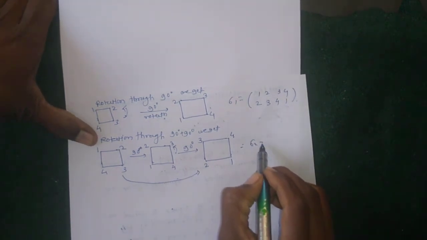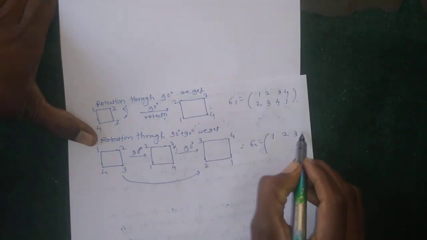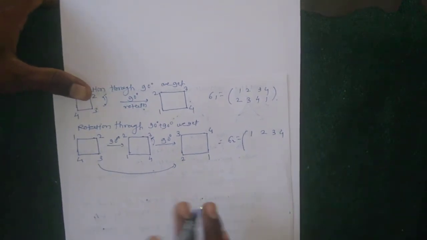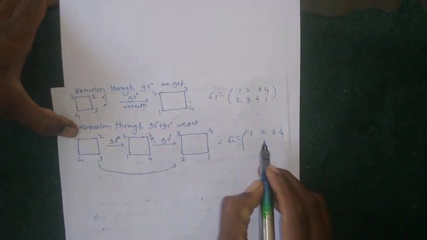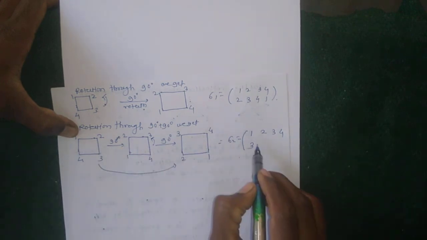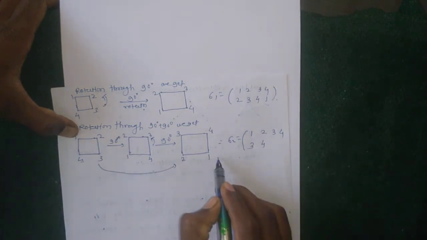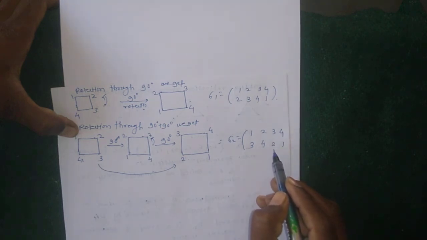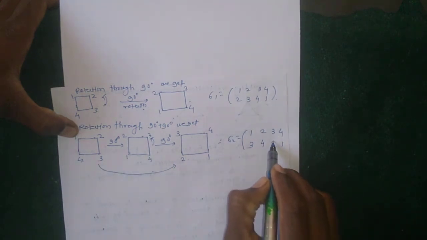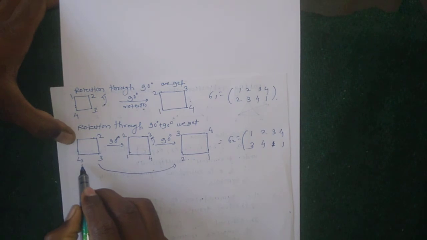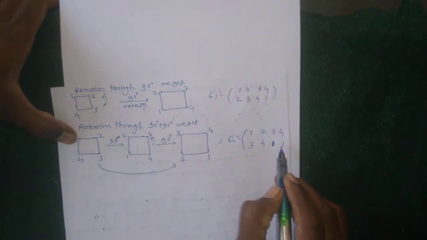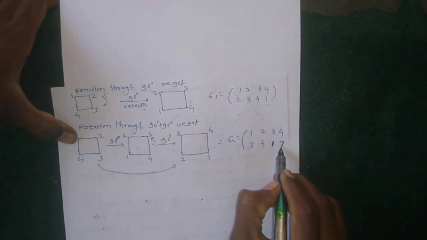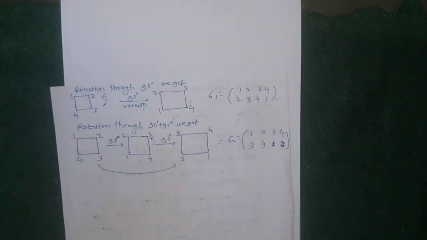This is called sigma 2, equal to 1, 2, 3, 4, where 1 has value 3, 2 has value 4, 3 has value 1 and 4 has value 2. The square exists this way.